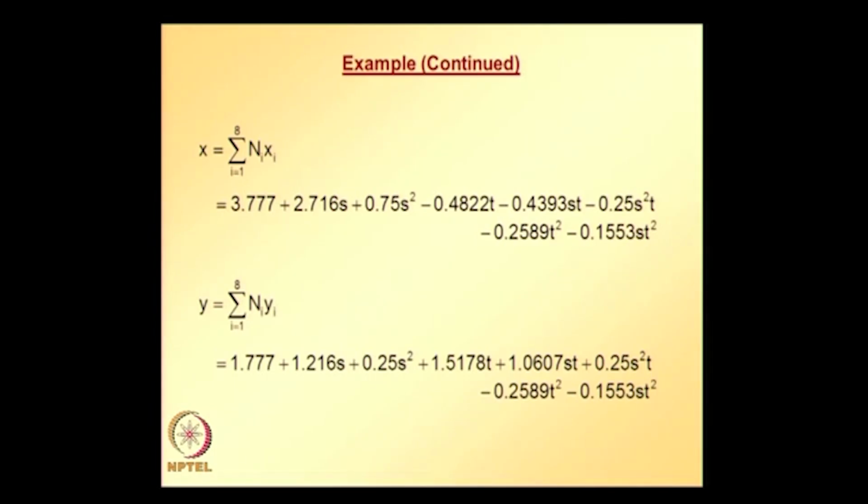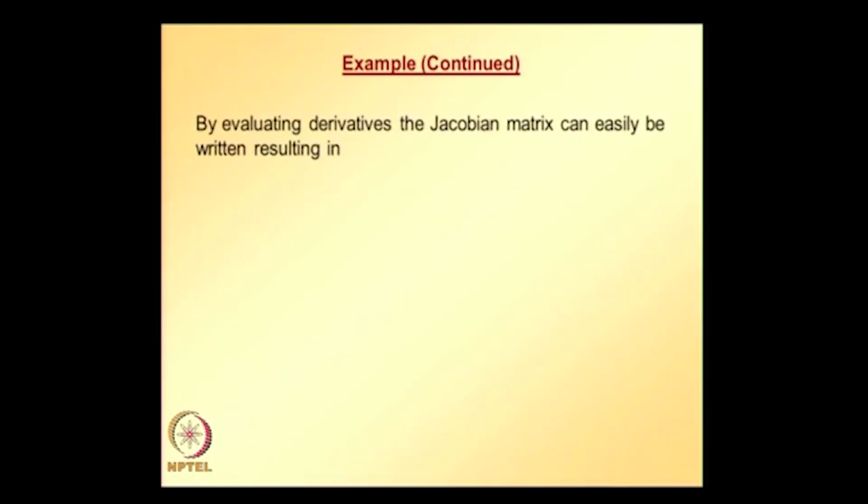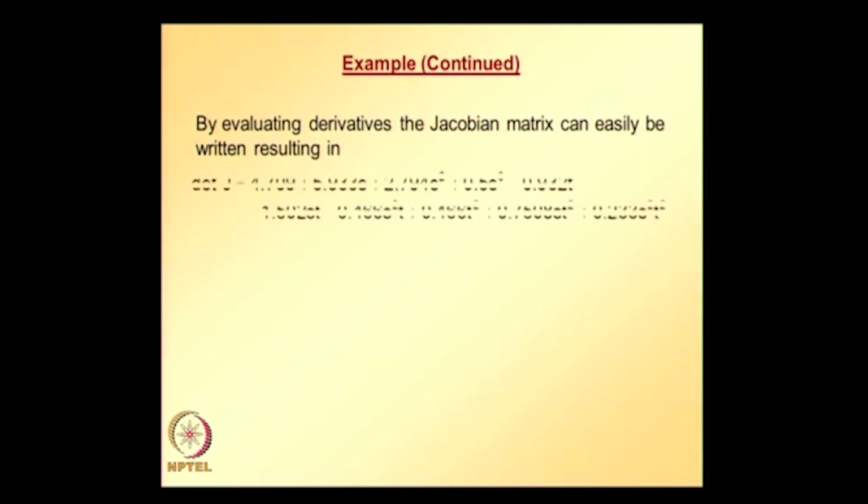Once we obtain these two expressions, we can easily take partial derivatives of x with respect to s and t, y with respect to s and t, and we can easily find what is determinant of J following same procedure as what we did for 4 node element. By evaluating derivatives, the Jacobian matrix can easily be written, and once we simplify we get this expression.